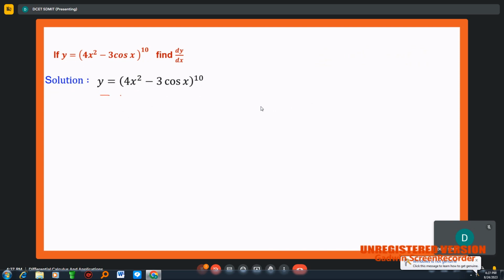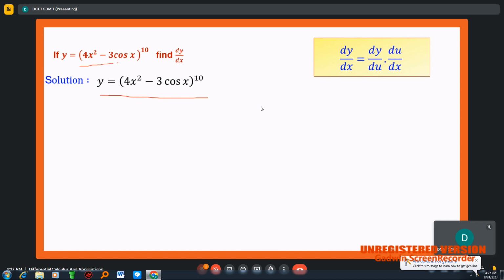We are considering y is equal to (4x² − 3 cos x) to the power of 10. Here we are applying the chain rule. dy/dx is equal to dy/du into du/dx. We consider u is equal to 4x² − 3 cos x.